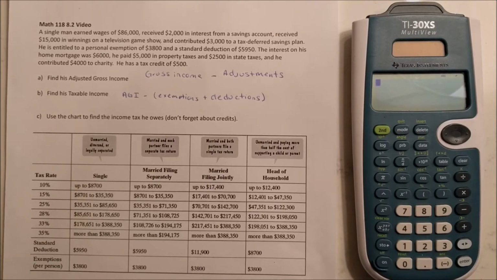Okay, so how does this look for the problems in our class? We get a bunch of information about a person, and then we're supposed to figure out how much they owe in taxes. Okay, a single man earned wages of $86,000, received $2,000 in interest from a savings account, received $15,000 in winnings on a television game show, and he contributed $3,000 to a tax-deferred savings plan.